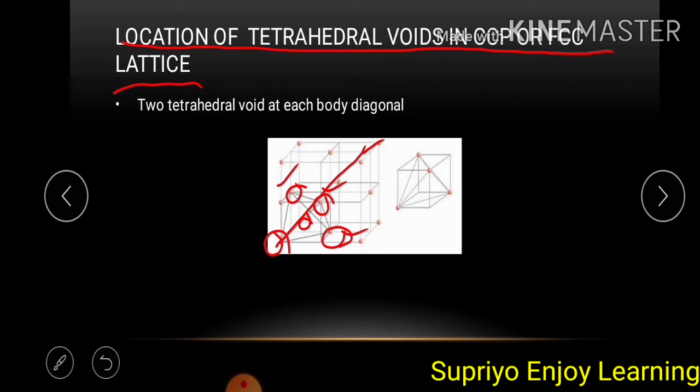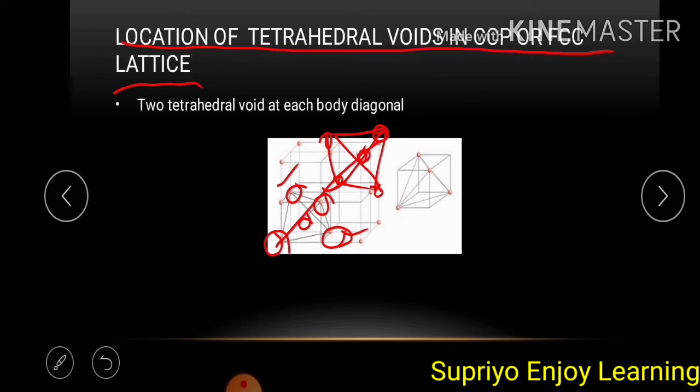Now similarly, if we take another 3 spheres from 3 faces, all 3 in same plane, and one sphere at corners which is above this 3 sphere, it will again form a tetrahedral void whose center will be on the same body diagonal.